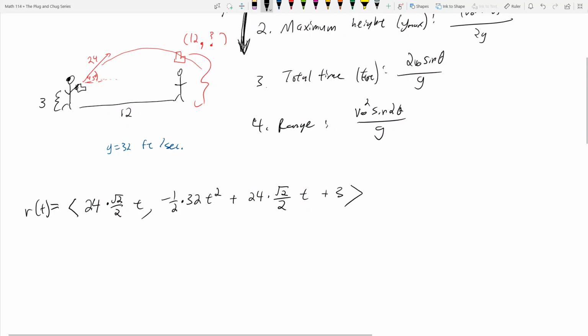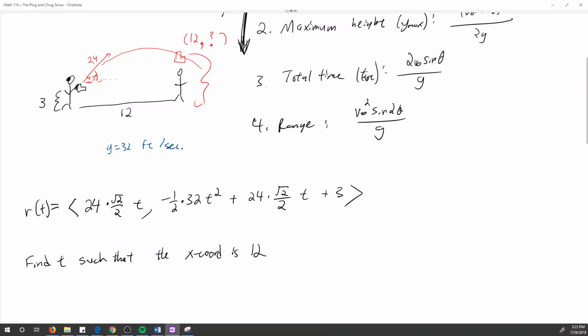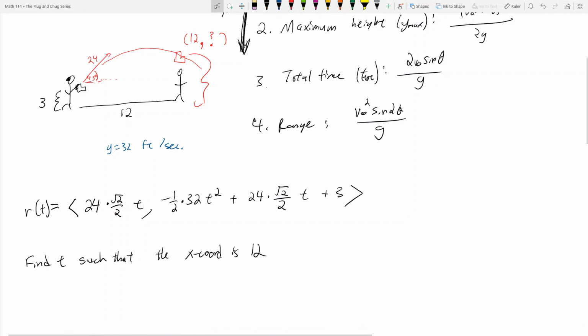So I want to find t such that the x-coordinate is 12, because my shoe's position is at 12 comma something. If I find t, then I can just plug t into this and find the y-coordinate, which is the question mark right now.